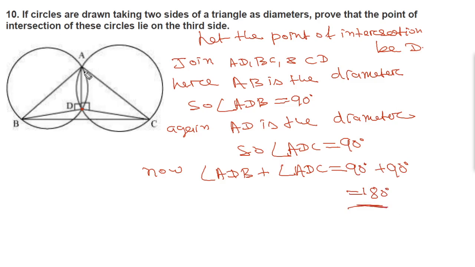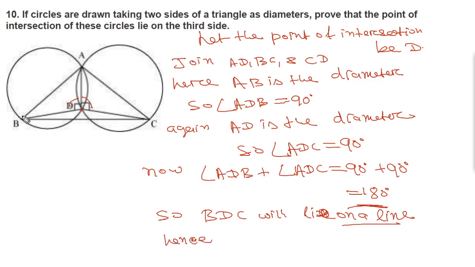The sum of these two angles is 180 degrees. Therefore we can say B, D, C, these three points will lie on a line. Is it possible that BDC and BC are separate lines? Hence D lies on BC.